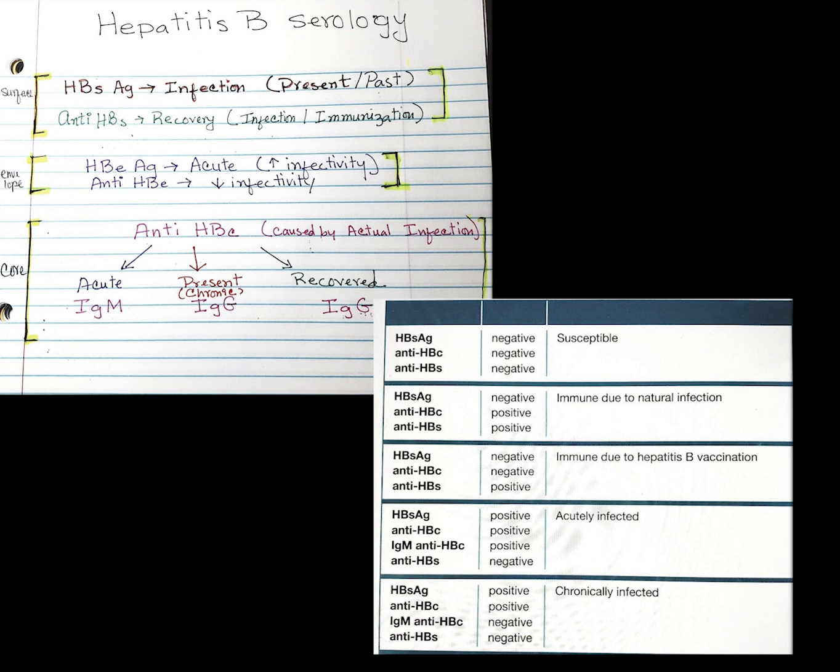So no recovery here. So if the patient is infected, we only have two choices, acute and chronic. Then it is telling us IgM is negative. Oh, that's our major clue. If the patient is not acutely ill, but we know the patient is infected, what is left? Patient is chronically ill.